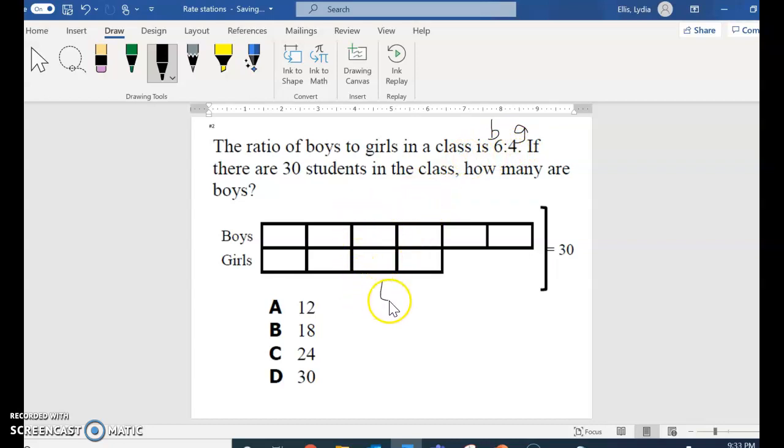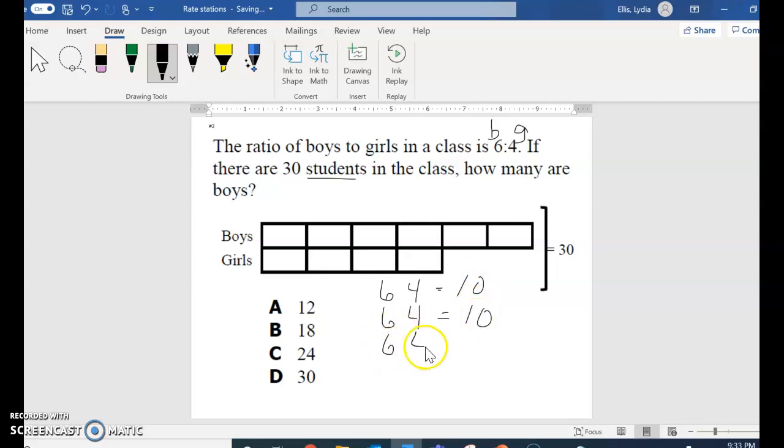I can do 6 boys, 4 girls. How many students is that? That's 10 students. I need 30 students. So let me add 6 more boys and 4 more girls. 10 plus 10 is only 20. I need 30.